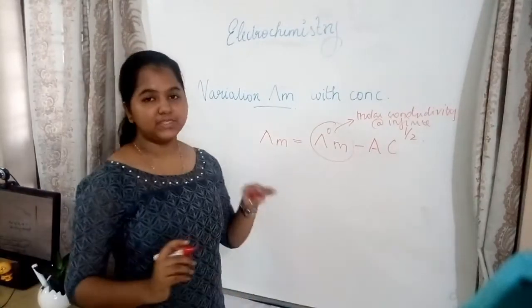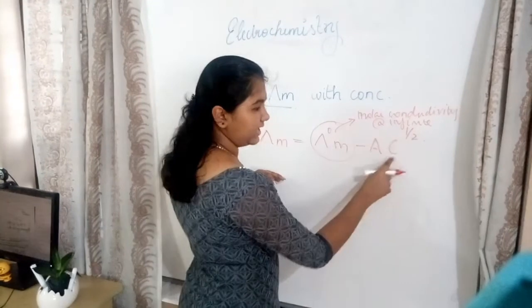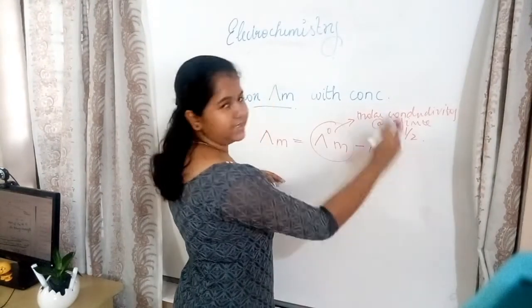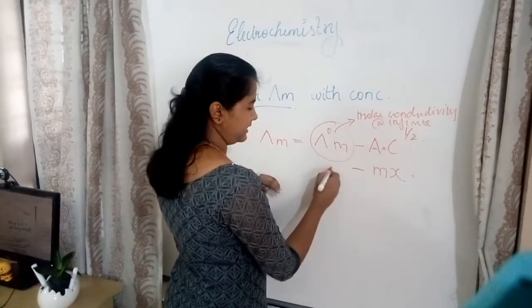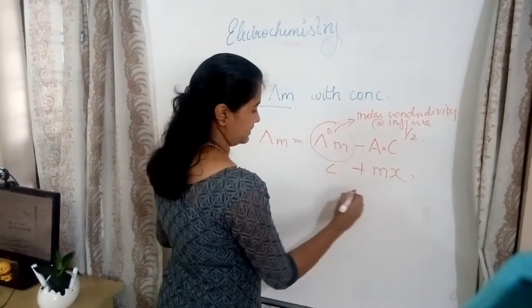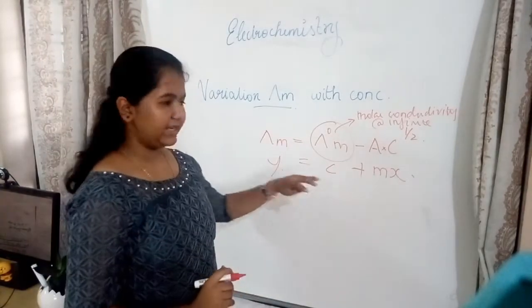Now we will equate it with the straight line equation. We know this is a into c raised to half, so we can write this as mx, and this is the intercept c. mx plus c is equal to y. This is our straight line equation.